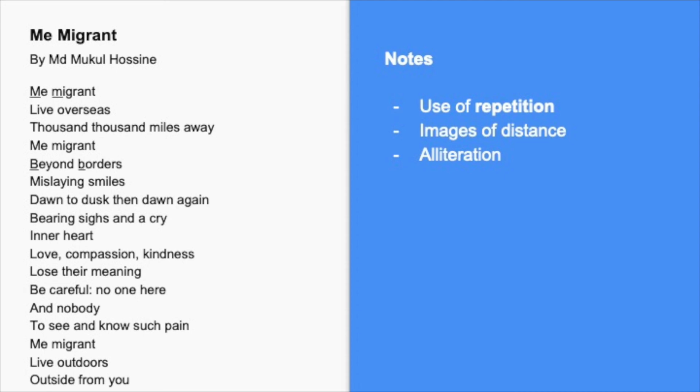Why is that so? To me, I think that he's using short lines to emphasize the pain that he's feeling and maybe how difficult it is for him to understand what he's going through, that he's just describing literally what he's going through day to day.